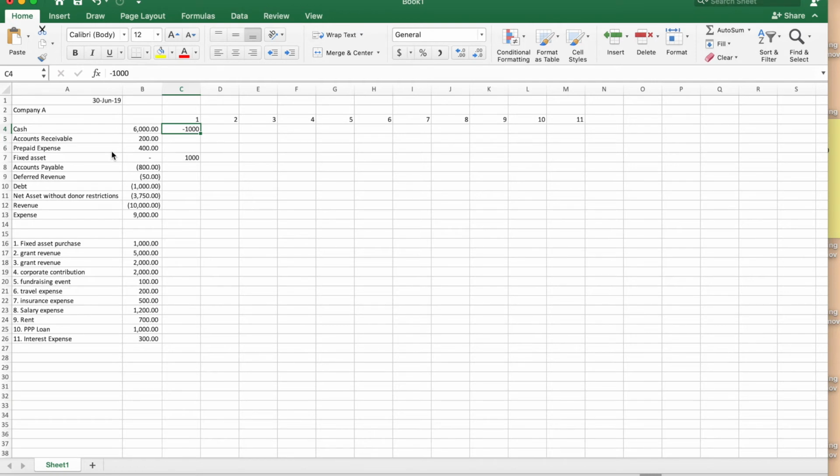Debit fixed asset, credit cash. Net revenue, then, is debit cash and deferred revenue, and then credit revenue.